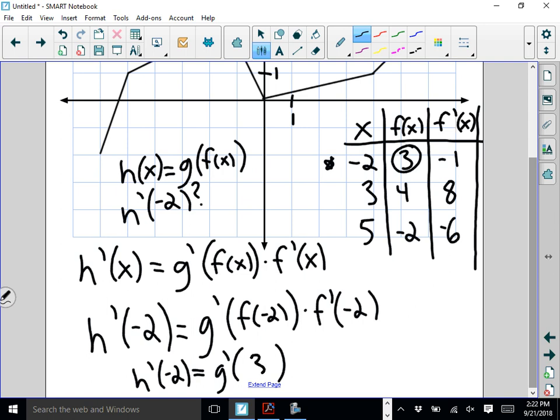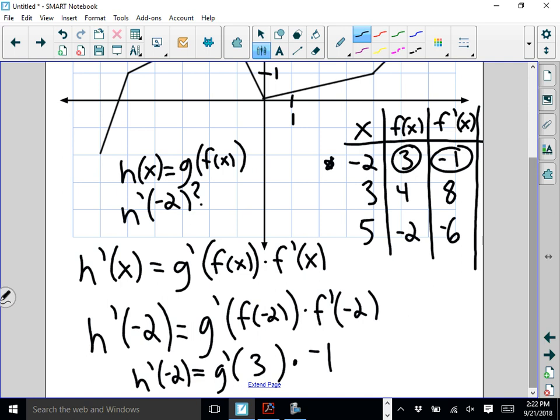I can also figure out f prime of negative 2 by looking at the chart. f prime of negative 2 is negative 1. Make sure when you are using tables like this, that you are very, very careful and get all the correct values in there, so we don't accidentally overlook something.